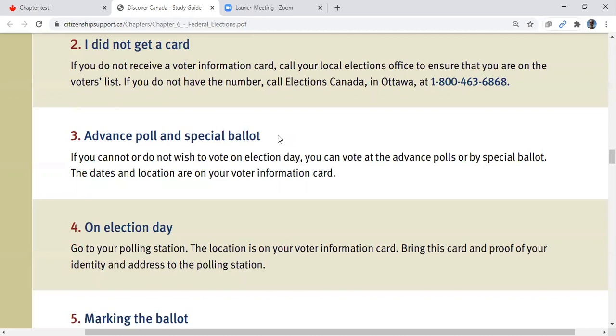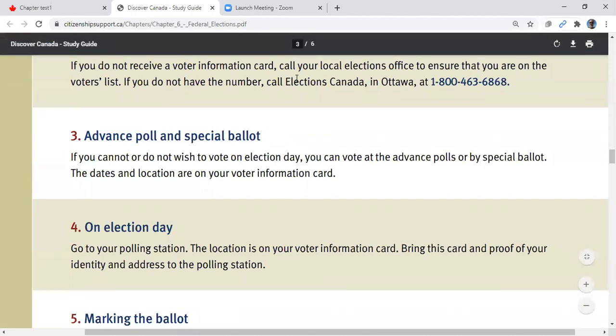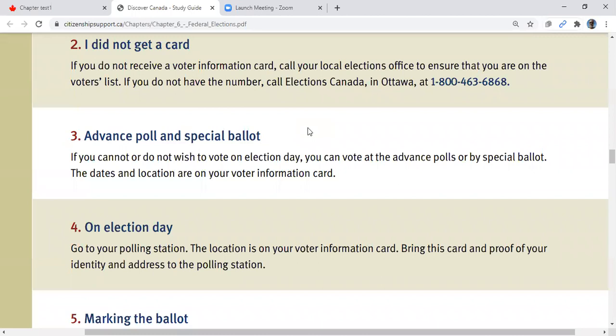So, say for example, the election date is usually in October, but say the election date was October 15th. Advance poll means you can vote before October 15th. That's what it means. Advance means before, so the early poll.